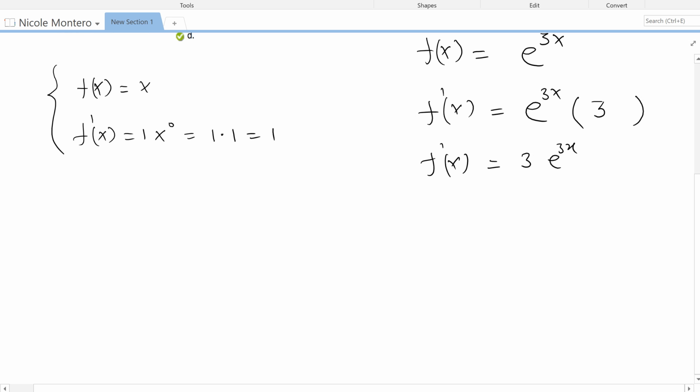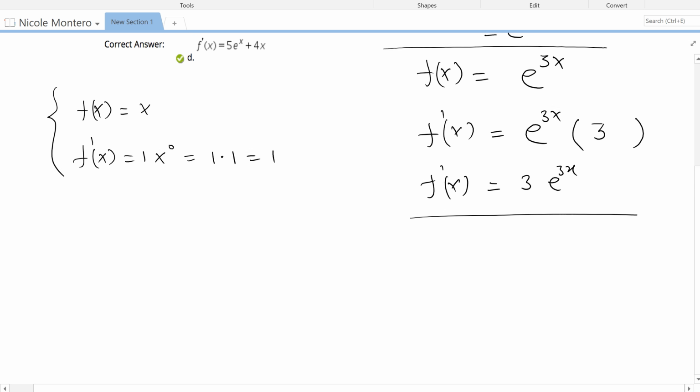Now, let me give you one more example. Now, Nicole, what are you going to do in this case? Would that be 6e? I don't know. All right, so 2 is the constant, and 2 is multiplied with this whole thing.